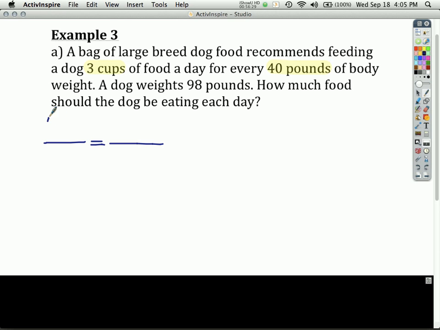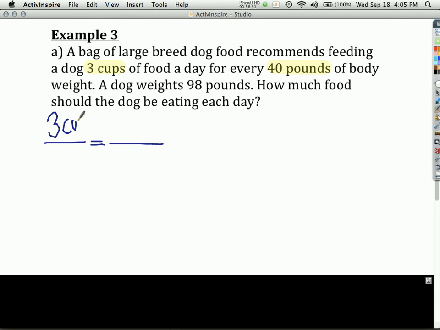And so if we have 3 cups, and we want to put cups for every 40 pounds, and we want to put LBS for pounds, that's actually important when doing real-world scenarios. Now we've established some information, and that helps us with the next part.